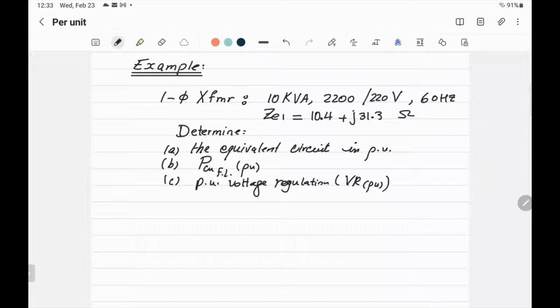When you want to find the voltage regulation, when the transformer is at 75% of the full load at 0.6 power factor lagging.